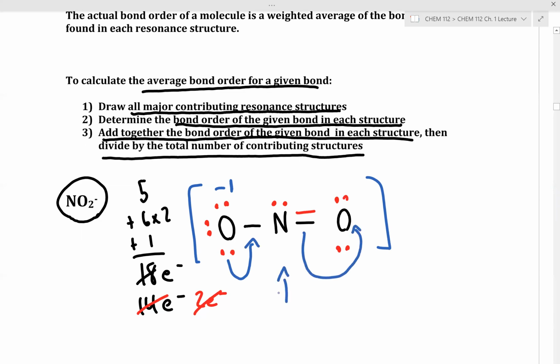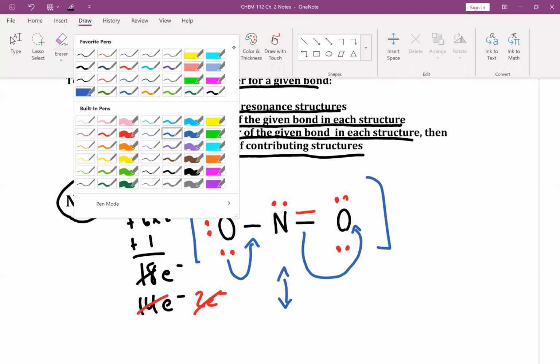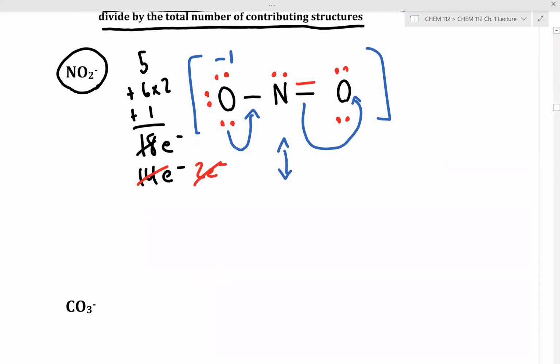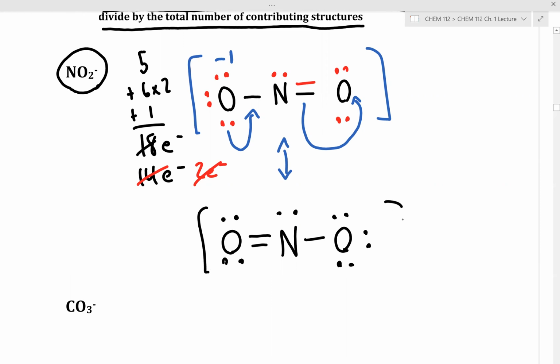And that in turn generates the following major contributing resonance structure. Now we have our negative formal charge on the rightmost oxygen.